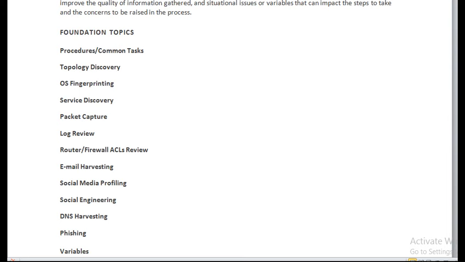Next topic, router firewall ACLs review. ACLs stands for Access Control List. Routers and firewalls perform critical network functions in the environment. They may contain routing tables and access lists, configuration information that can greatly assist in network fingerprinting.